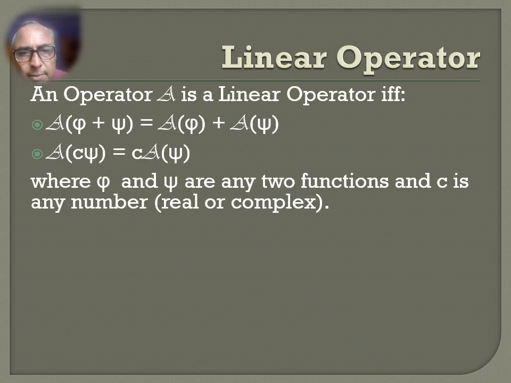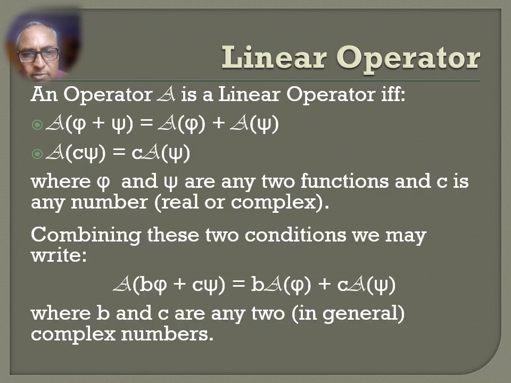We define an operator as a linear operator if and only if it satisfies the following two conditions, that is, the operator A operating on the sum of the functions phi and psi gives A operating on phi plus A operating on psi, and the operator A operating on some number C times psi gives C times A operating on psi.